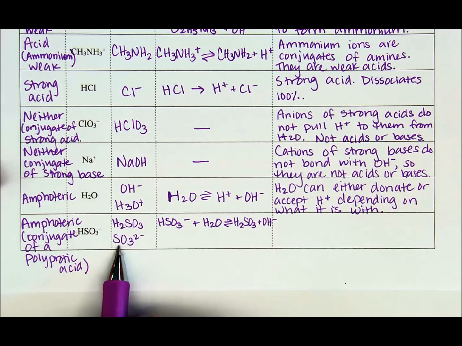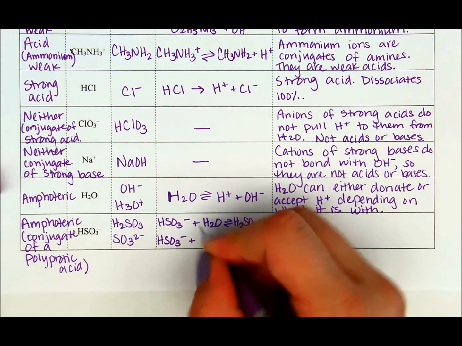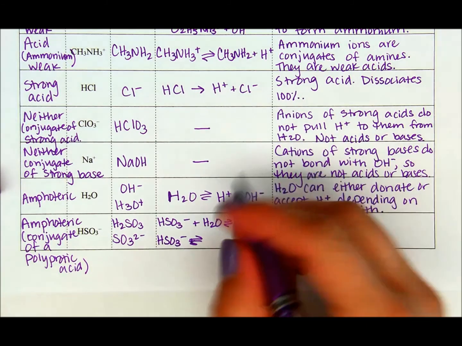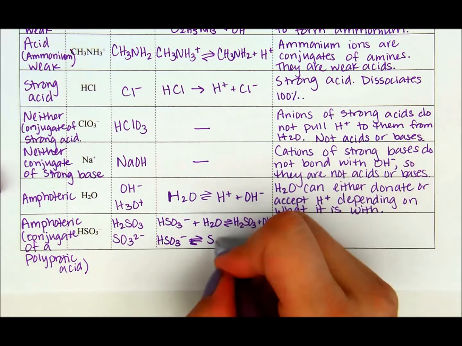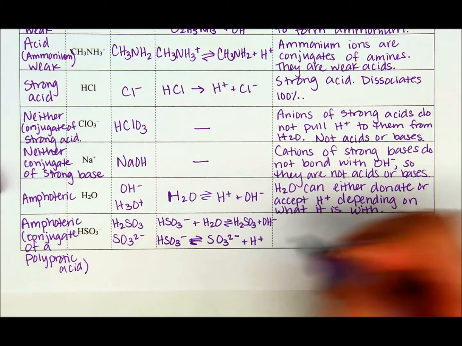Here, in this case, if we're going to lose a proton, you have HSO3-, and not plus anything. This is going to directly be in equilibrium to its conjugate base, SO3 2- plus H+.